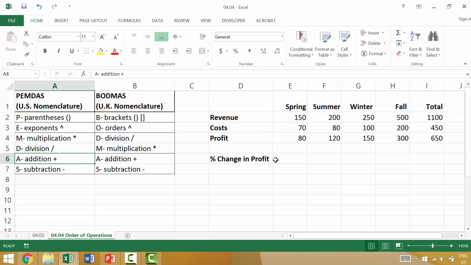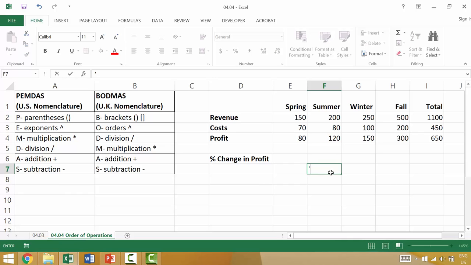So say that we wanted to find the change in the profit. Maybe we wouldn't calculate that for the spring, but if we wanted to calculate it for the summer, it would essentially be this value minus this value divided by the original value, right? So I'm putting in the apostrophe.